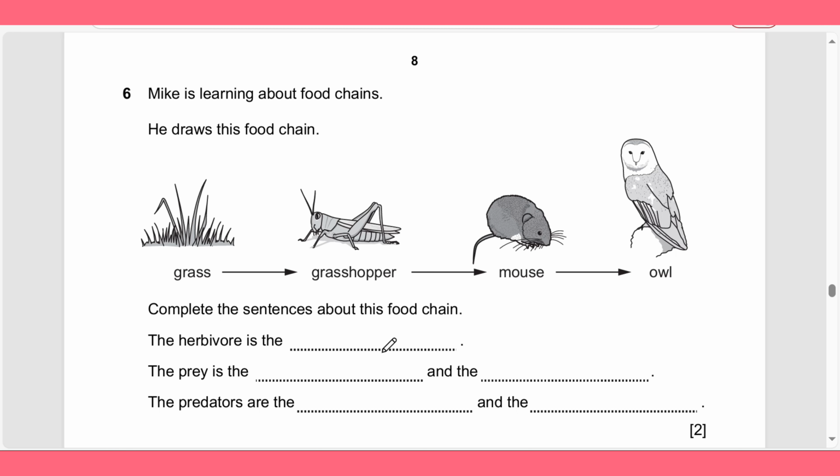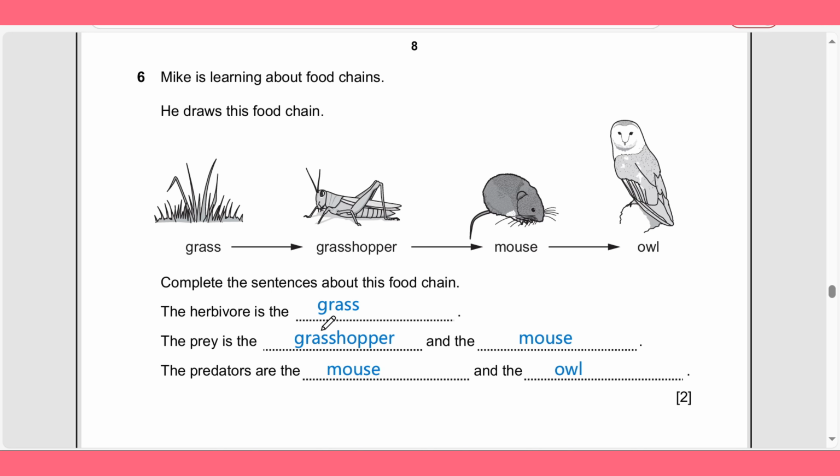The herbivore is the, prey is the what and what, and the predators are the and what. Okay, let's check out the answer, guys. Pause if you need some more time. Okay guys, so herbivore is grass. Oops, sorry, grasshopper. So typo. So grasshopper.